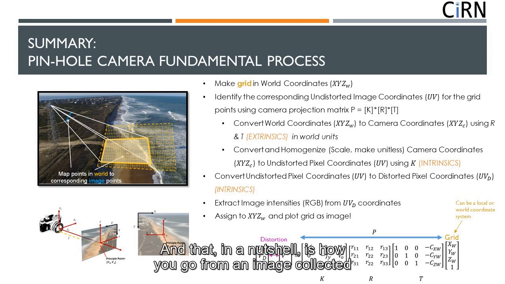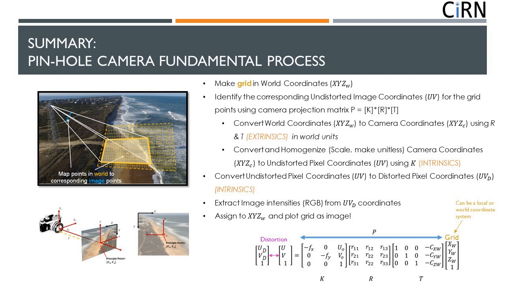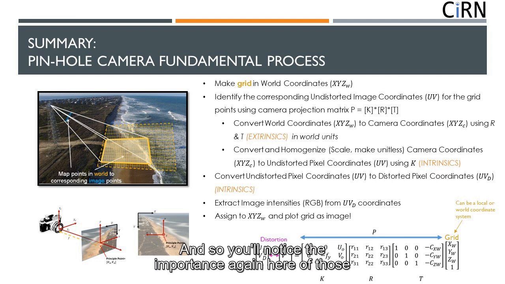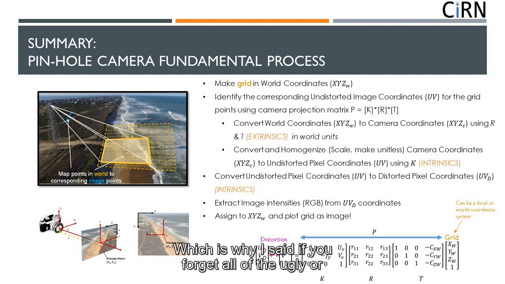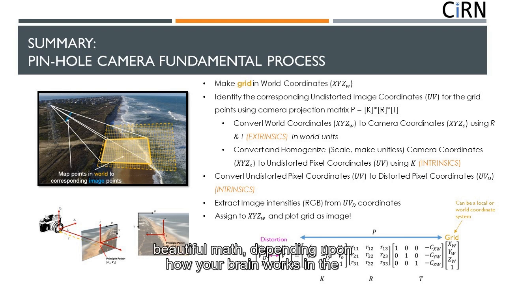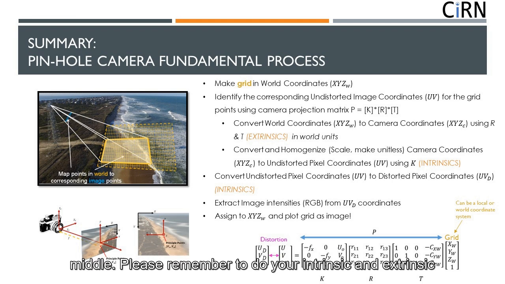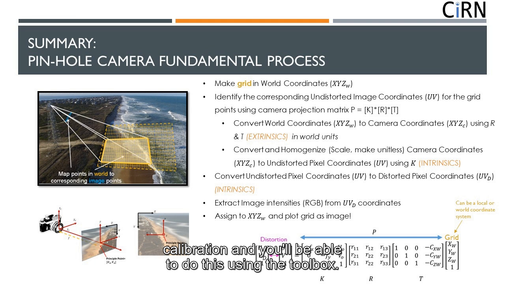And that, in a nutshell, is how you go from an image collected in oblique space to a mapped image that you can do science with. And so you'll notice the importance again here of those intrinsic and extrinsic calibrations, which is why I said if you forget all of the ugly or beautiful math, depending upon how your brain works, in the middle, please remember to do your intrinsic and extrinsic calibration, and you'll be able to do this using the toolbox.